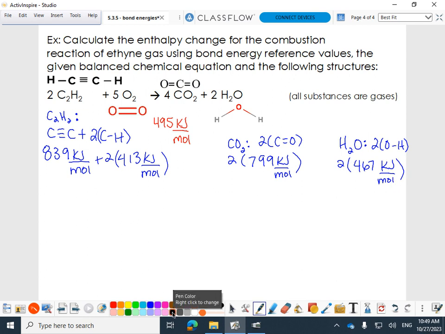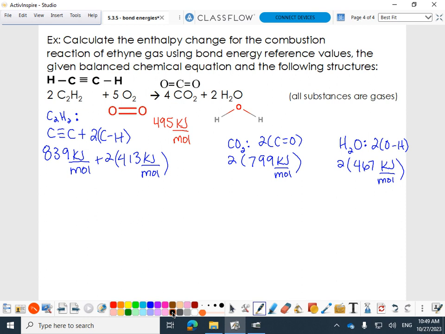Again, you can go right into the formula for the overall reaction, but you would have to consider the 839, 2 times 413, the bonds inside C2H2, plus the bonds inside oxygen, plus the coefficients, then subtract.